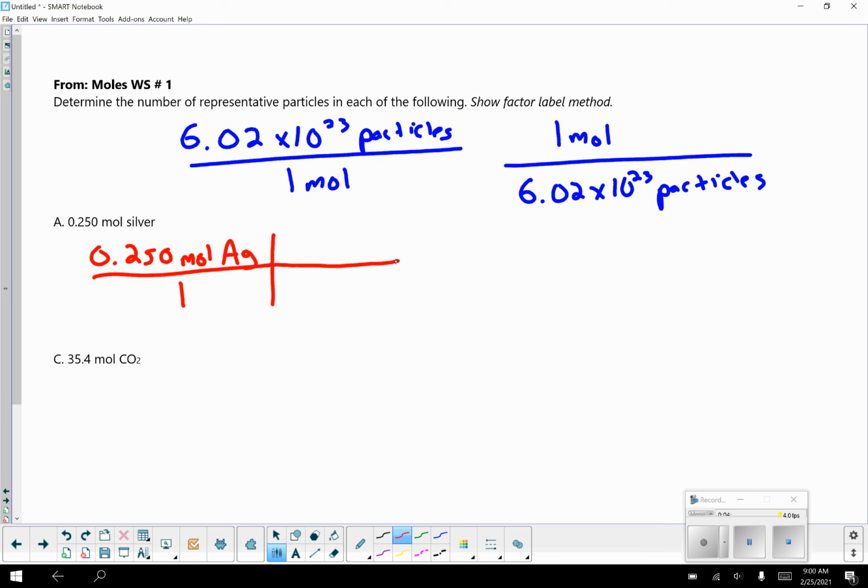In this case, we want to go to particles, so particles is going to be on the top. 6.02 times 10 to the 23rd over 1 mole of silver. Now the type of particle depends on what type of substance you're dealing with. In this case, we're dealing with an element, silver, so it's going to be atoms.